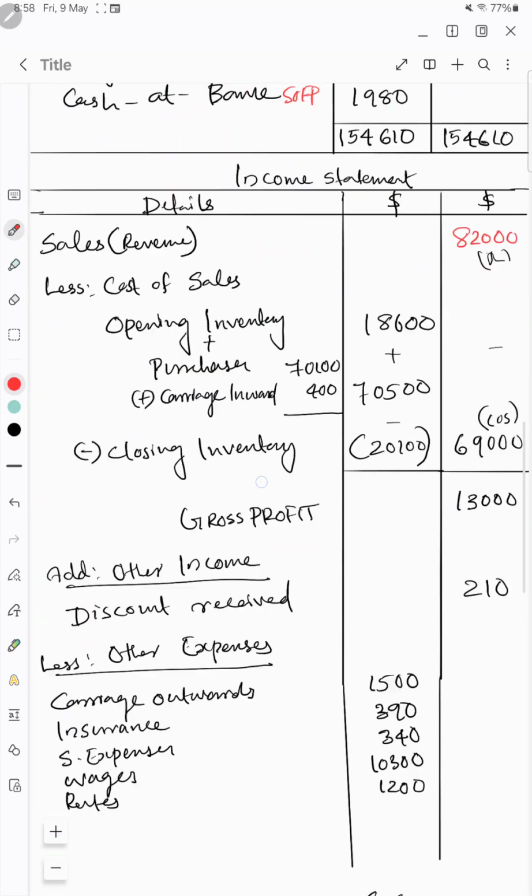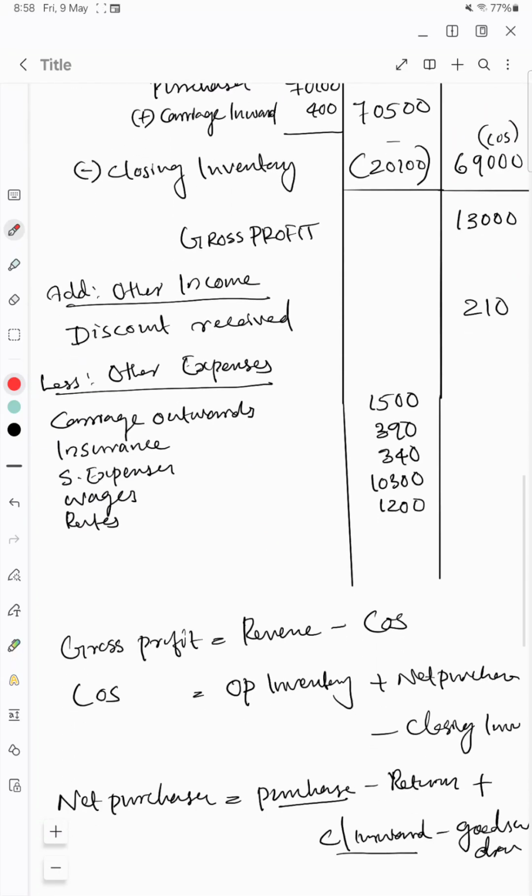So you can calculate profit here first, then from that profit we need to deduct the loan interest. That profit is known as operating profit, before the net profit. Then we can calculate the net profit.